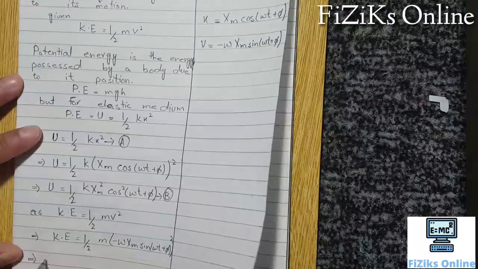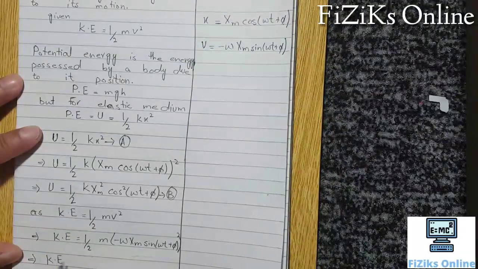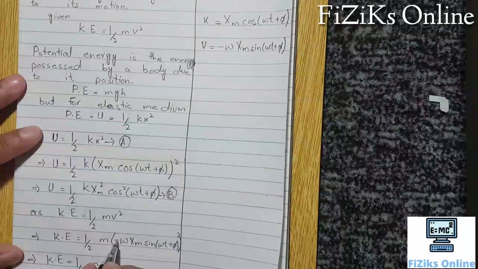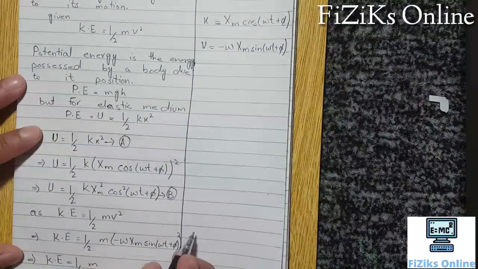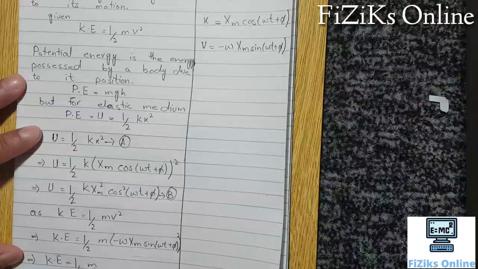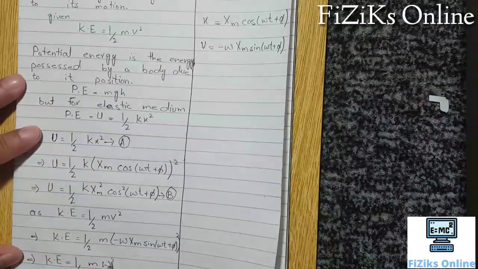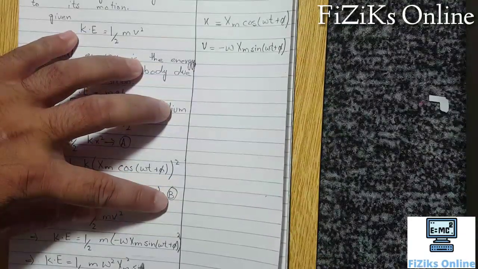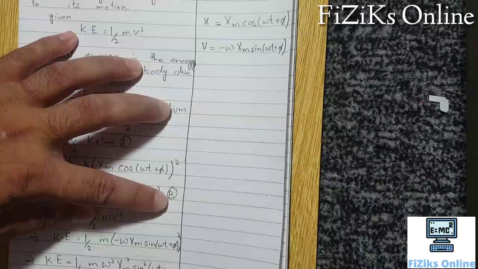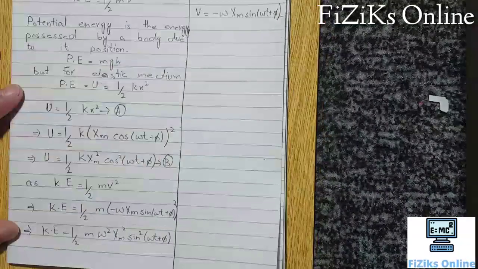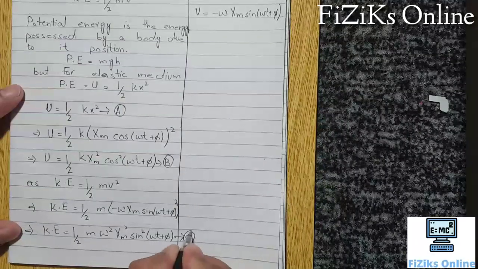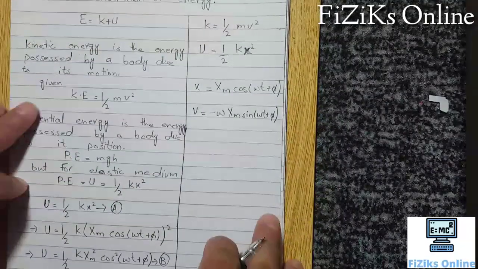So this implies that KE equals half m, minus into minus is equal to plus, as there is a square on the whole term, so omega square xm square sine square(omega t plus phi). This is equation C.